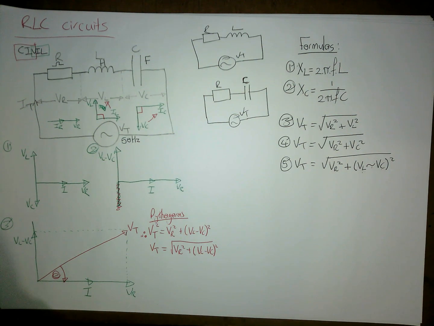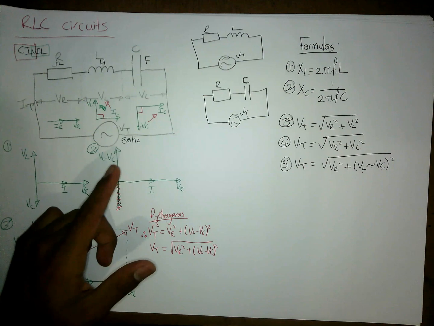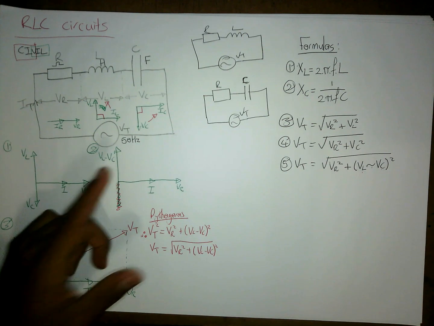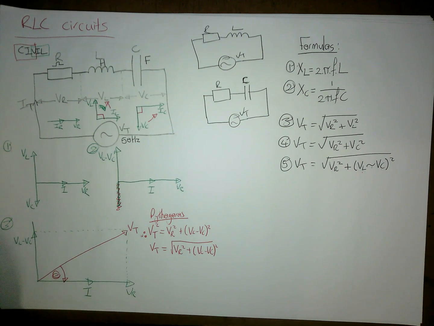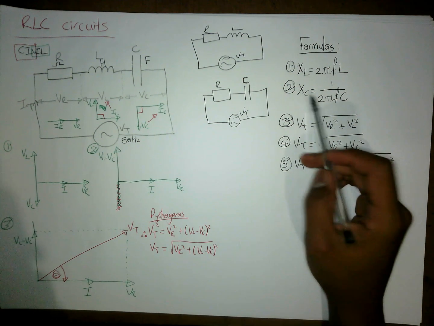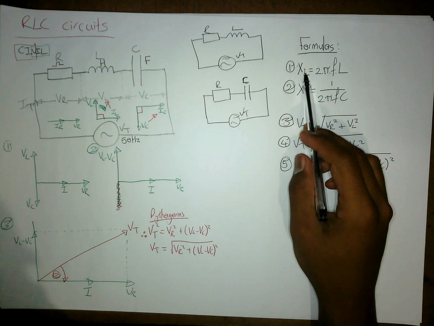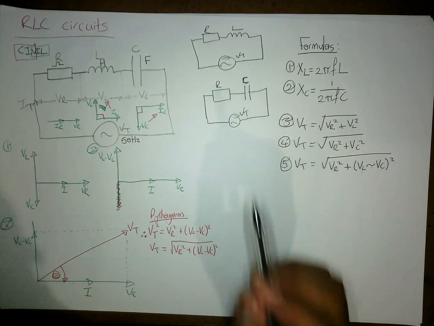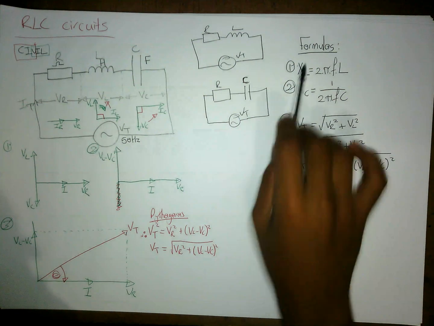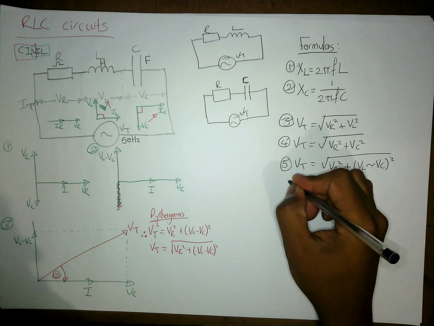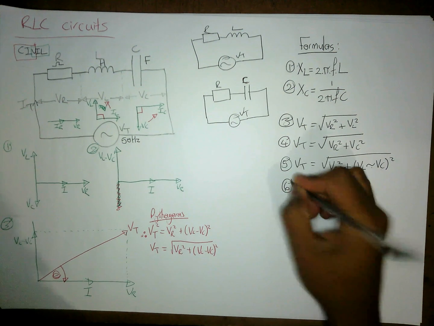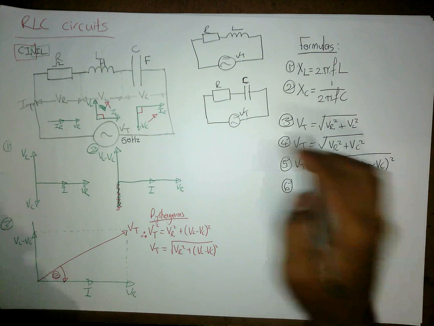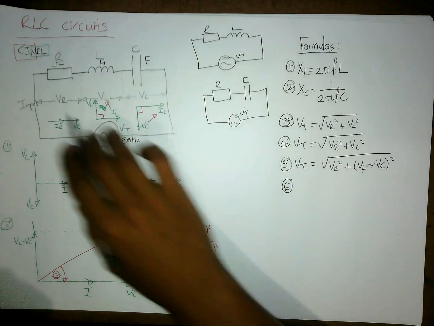So we have our voltages now. We have our reactances. Now we need our total resistance of the circuit.